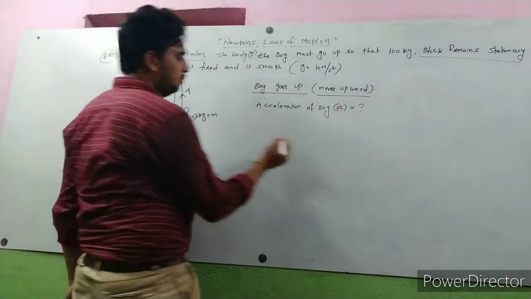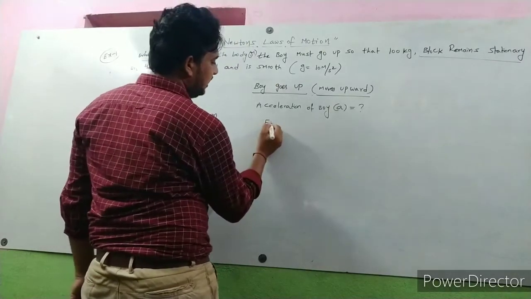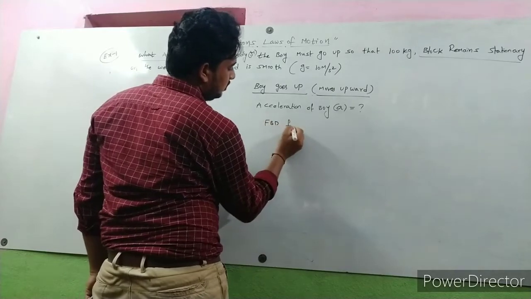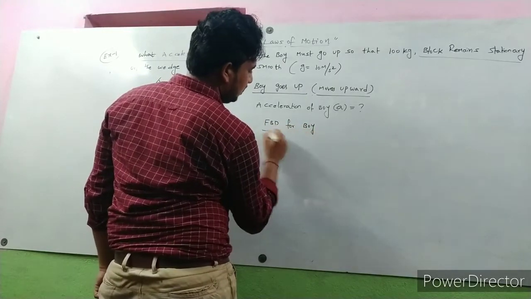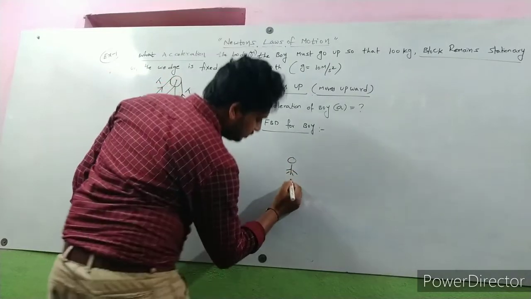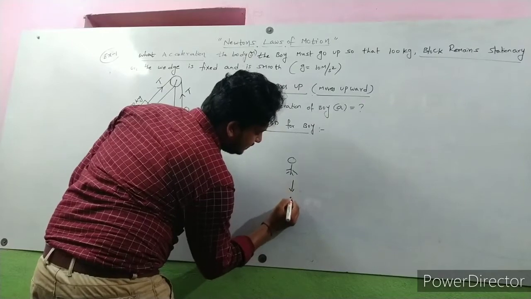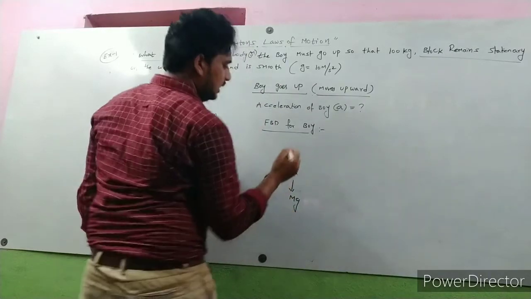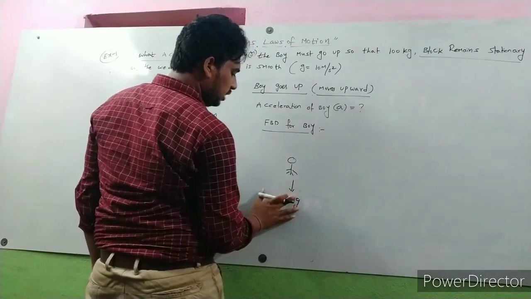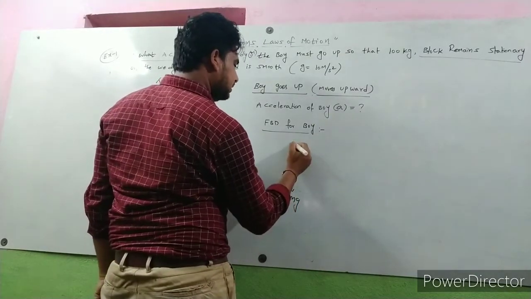Observe here, the boy is there. So the FBD for the boy. Observe carefully. This is the boy. How many forces are acting here? One force is mg, small mg, and here the tension force T is acting.